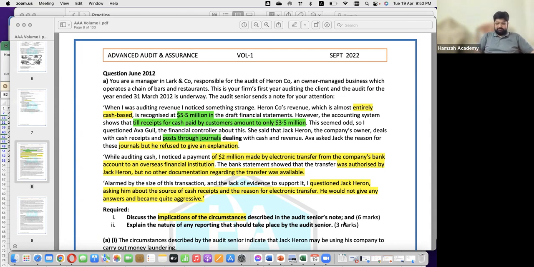The revenue recorded in the financial statement is 5.5 million, while till receipts show $3.5 million.